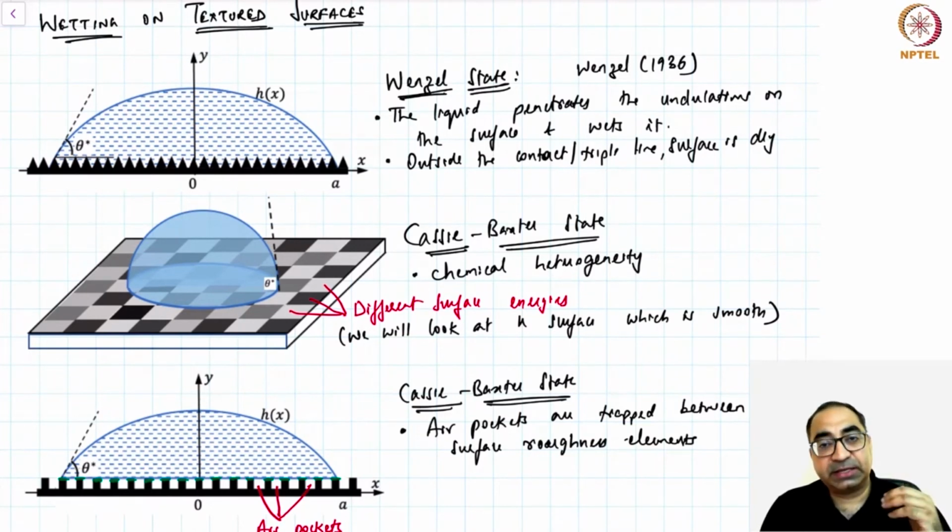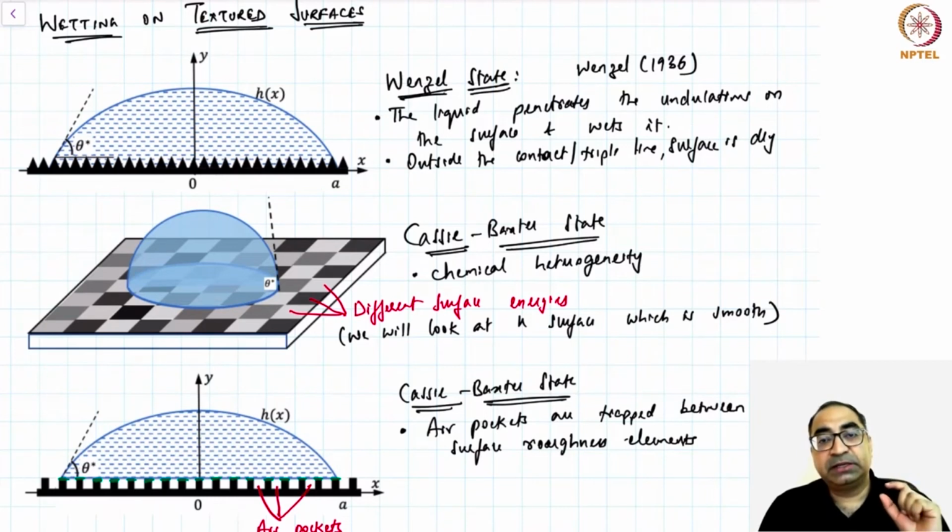And then we looked at the Cassie-Baxter state, where there are chemical heterogeneities. The apparent contact angle that one sees depends on the Young's angle on each of these individual elements and the area fraction that is occupied by these chemically heterogeneous elements. They're not necessarily roughness elements, they're chemically heterogeneous elements.